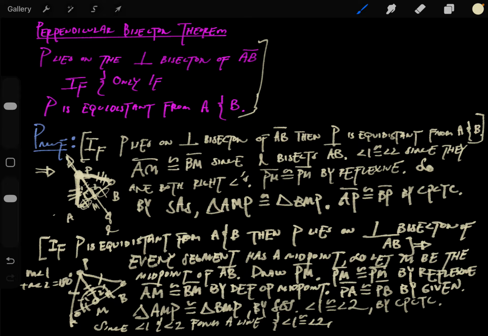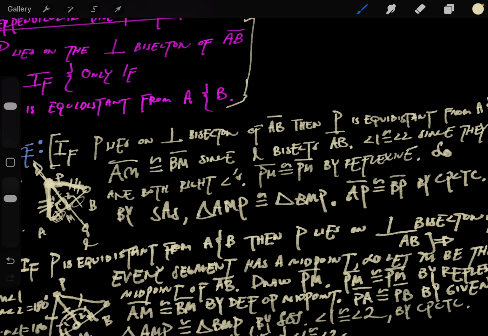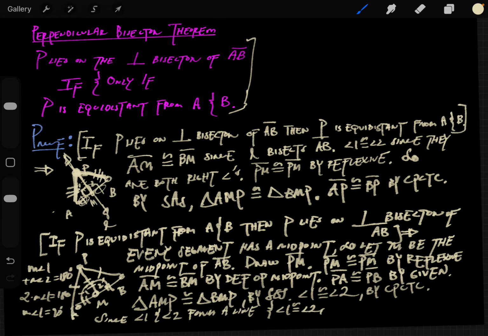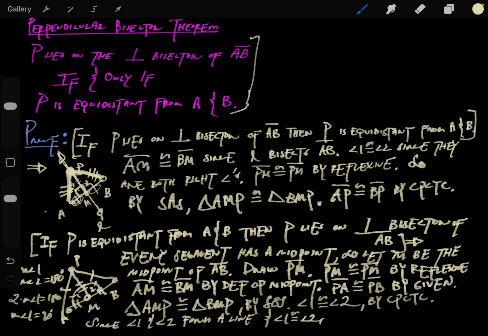But the measure of 1 is the same as the measure of 2, so 2 times the measure of 1 is 180, and the measure of 1 is 90. So angle 1 and angle 2 are both right angles.